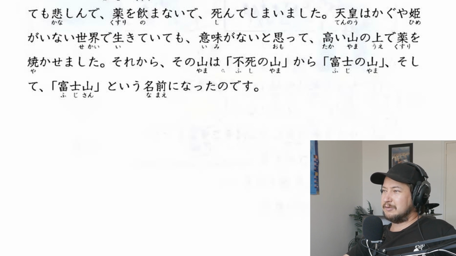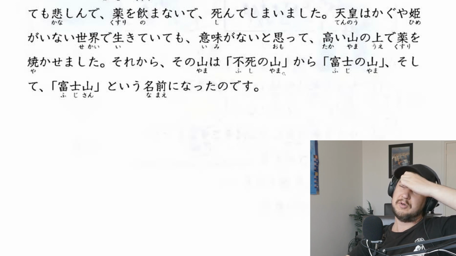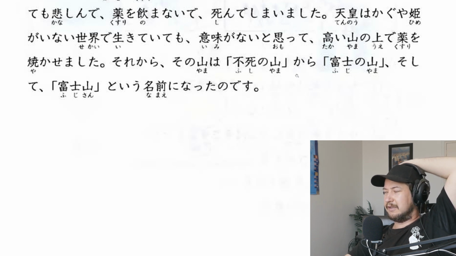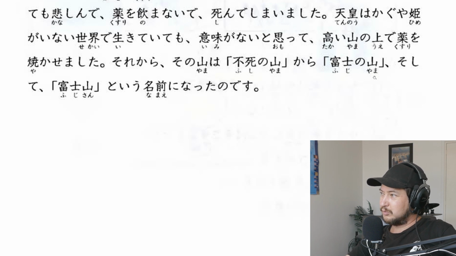それからその山は富士の山から富士の山、そして富士山という名前になったのです。And for that reason, that mountain was called Fushi no Yama, the immortal mountain. And then it changed to Fuji no Yama, so Mount Fuji.